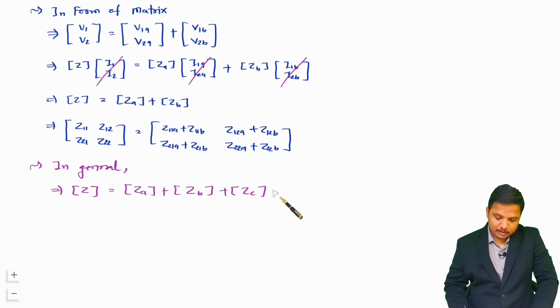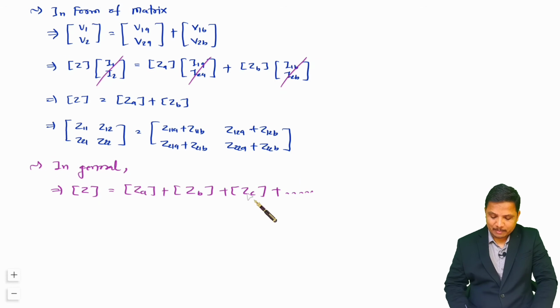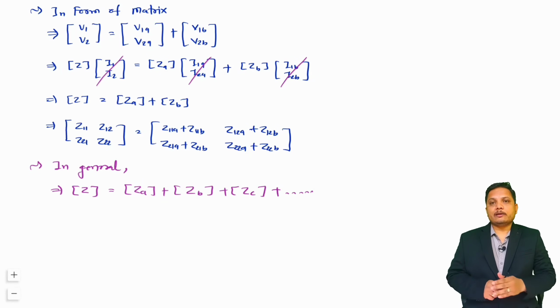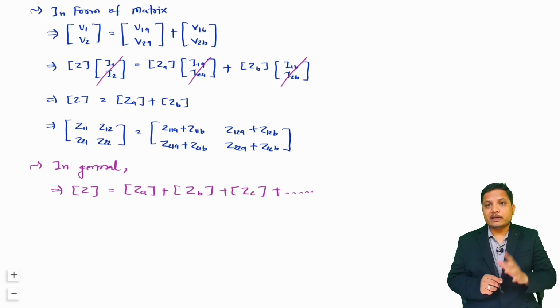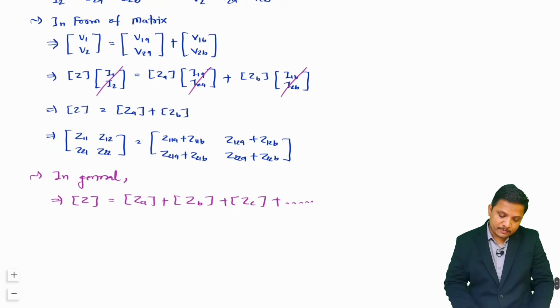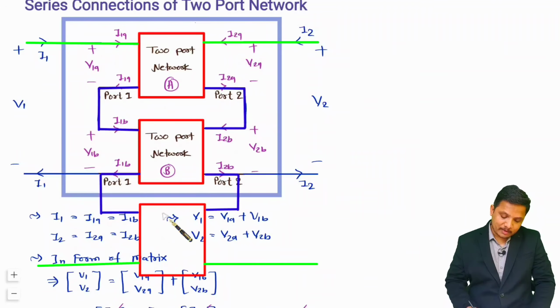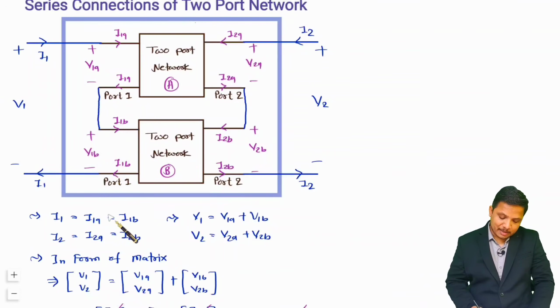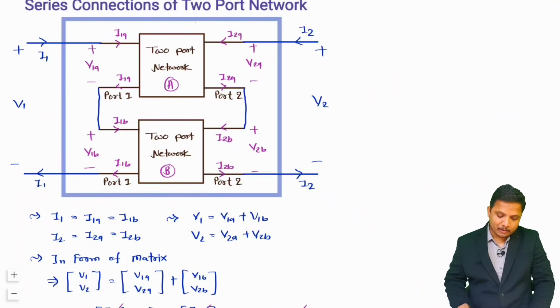My dear students, there are very few things you should remember. One is the connection. For series connection, the connection will be like this. If another block is there, it will be connected over here like this. You can observe by the animation I am showing you right now.